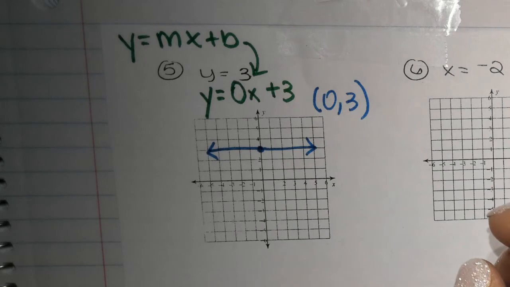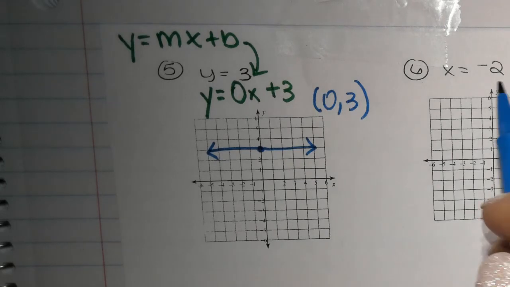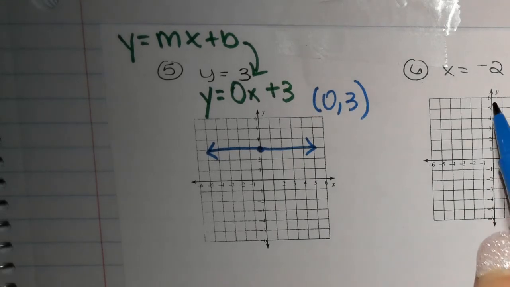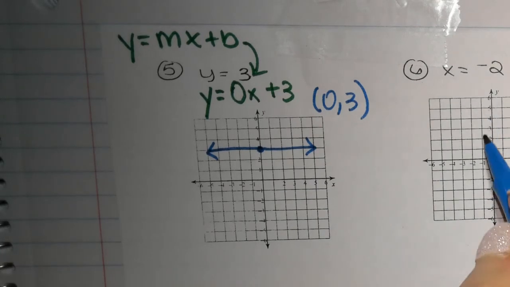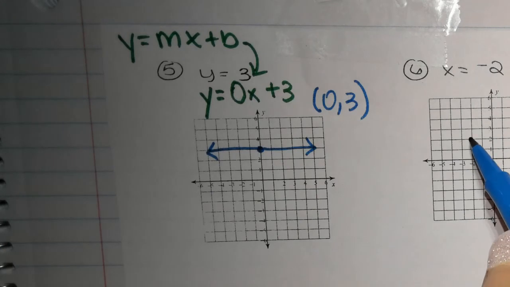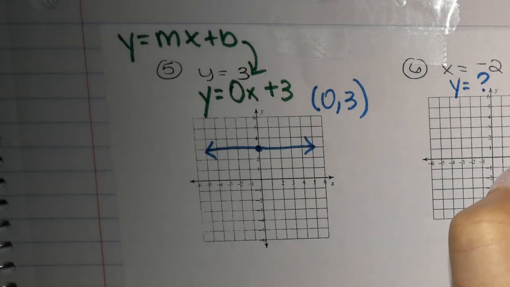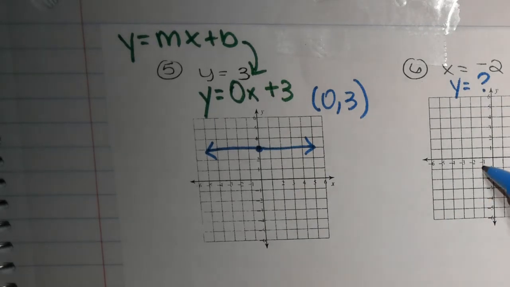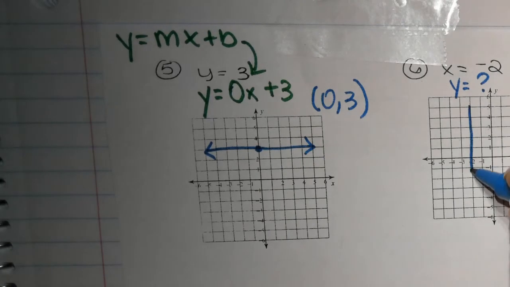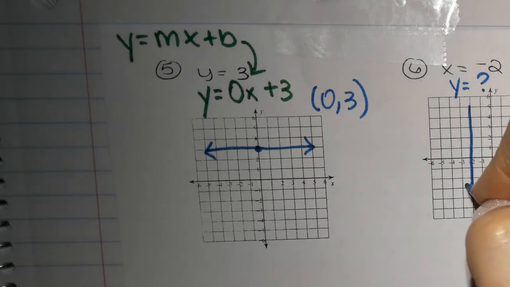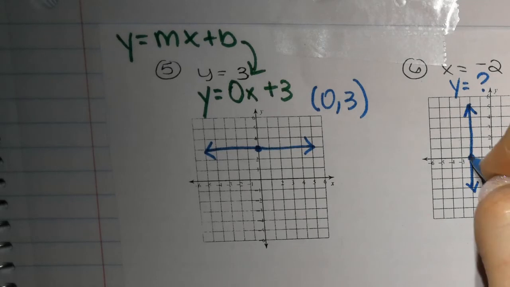All right. x equals negative 2. Let's try that. How do we put that in a y equals form? If x equals negative 2, what that line would really look like is just a straight up and down line like this, crossing the negative 2 at the x-axis.